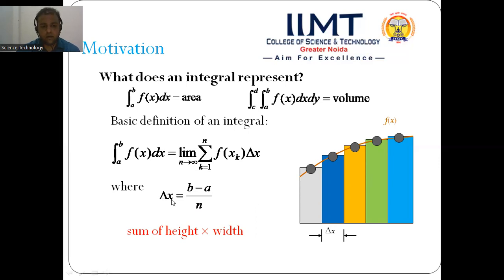Here del x: we divide the interval a to b into equally spaced parts, so the length of the interval is divided by n, where n is the required number of rectangles. So del x is equal to (b minus a) upon n. Simply, we can say the integral of f(x) dx from a to b is equal to the sum of height into width.